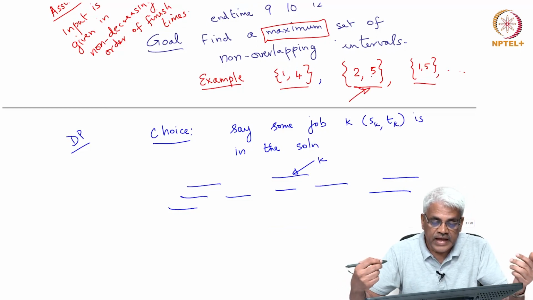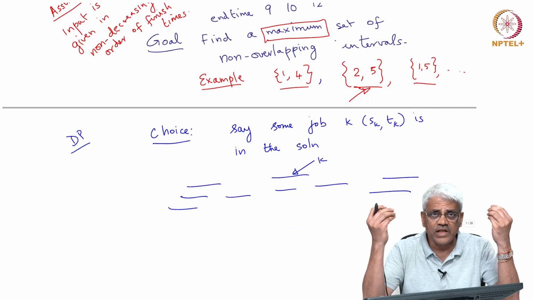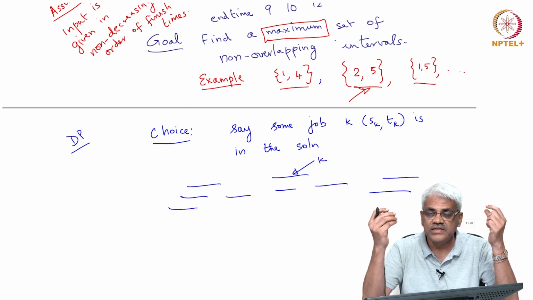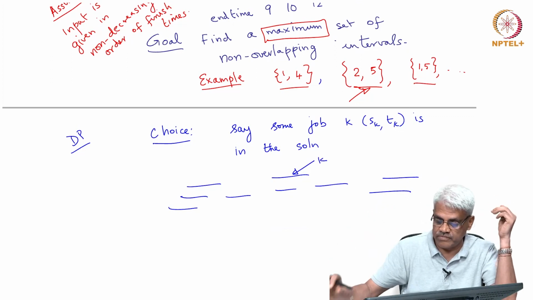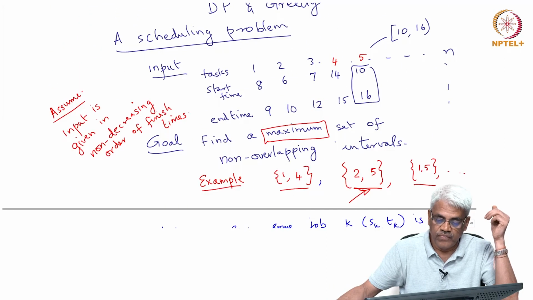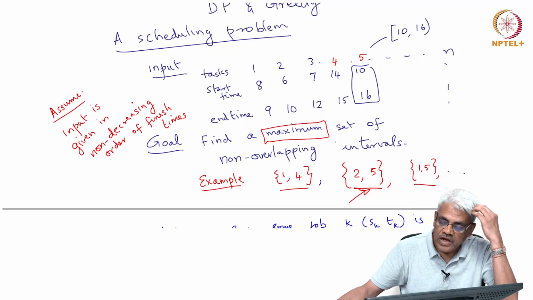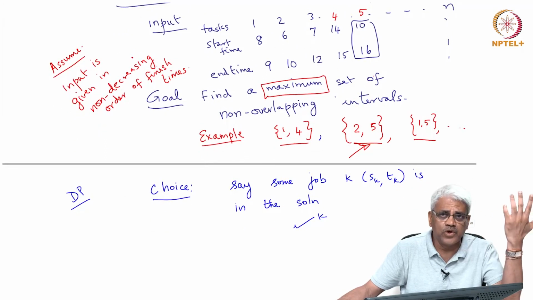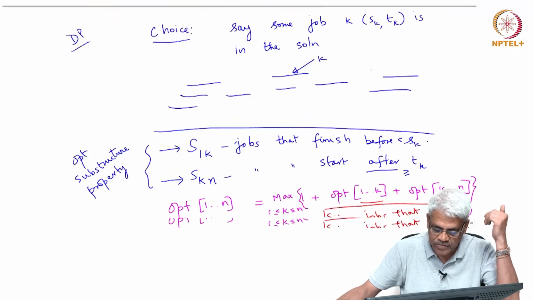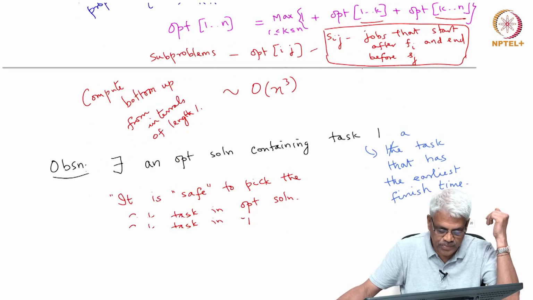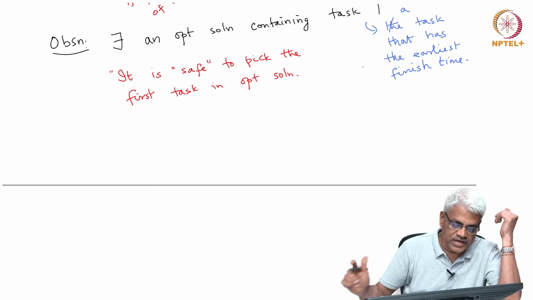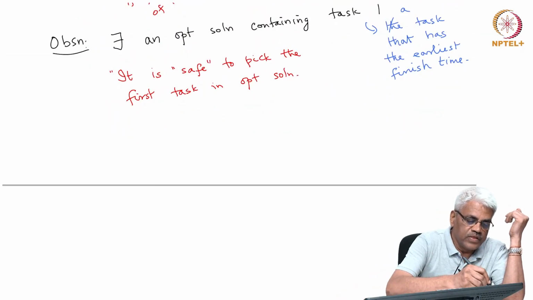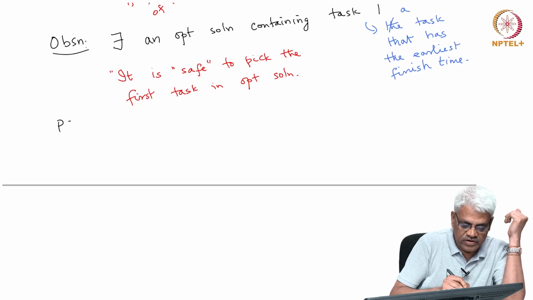But I am saying, take task 1, the one which has the earliest finish time, and you can pick it into your solution. That is what this observation tells you. We will prove this observation, but let us understand what the consequence of the observation is.